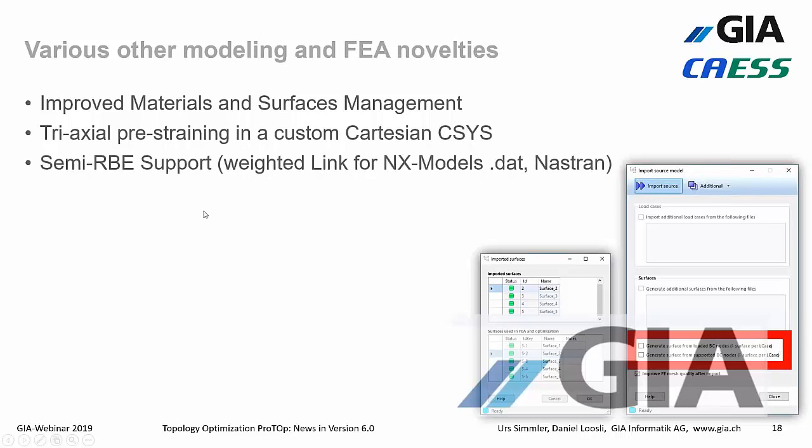And there will also be a support of weighted links. Right now it's supported for NX models, but I think until July there should also be support available for CATIA, Creo, and SolidWorks models. Okay, and in many places you'll find some nice small handling improvements in ProTop 6.0.